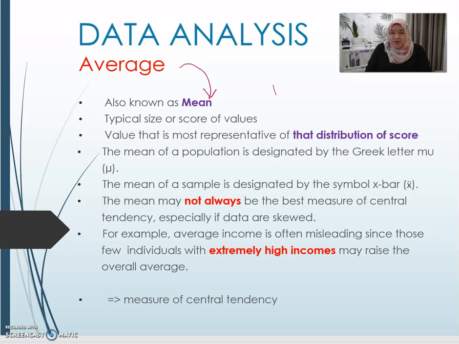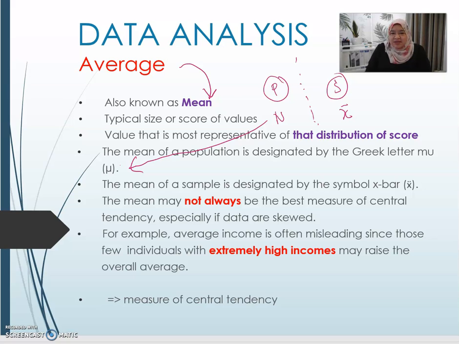One is a population and one is a sample. In the sample, it is represented with the mean symbol, and in the population it is represented with mu. Okay, so this is what we call a mean. It will be used in different settings, sample and population.